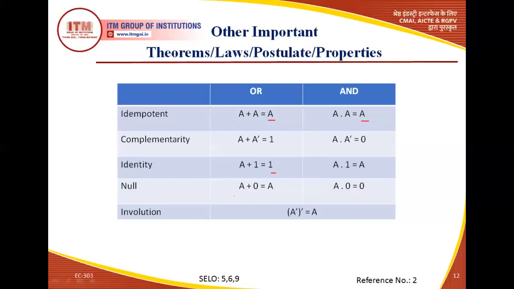So that is the null property, which shows the OR operation and AND operation with low level logic, or logic 0. Next is involution, also called the double complementary property. That means if we complement a complemented function, it will generate the same function.